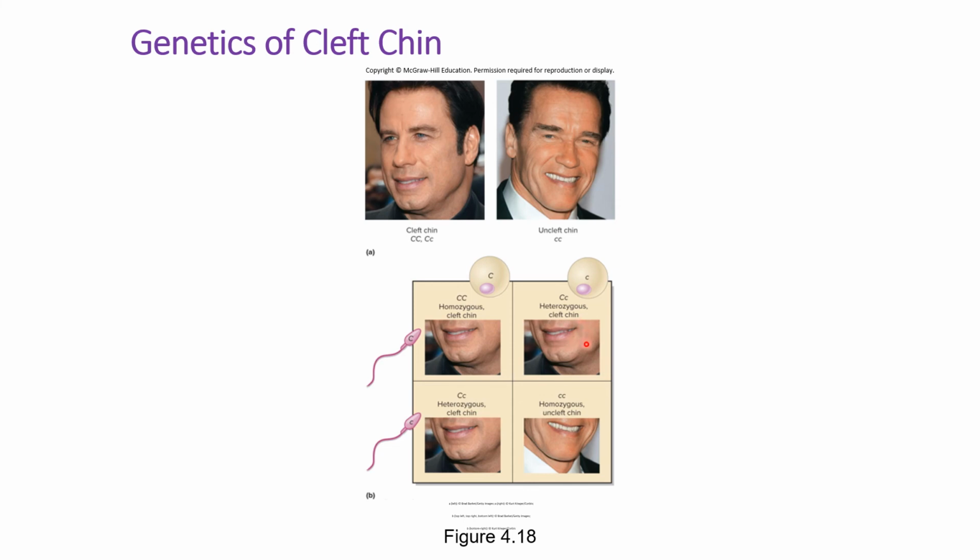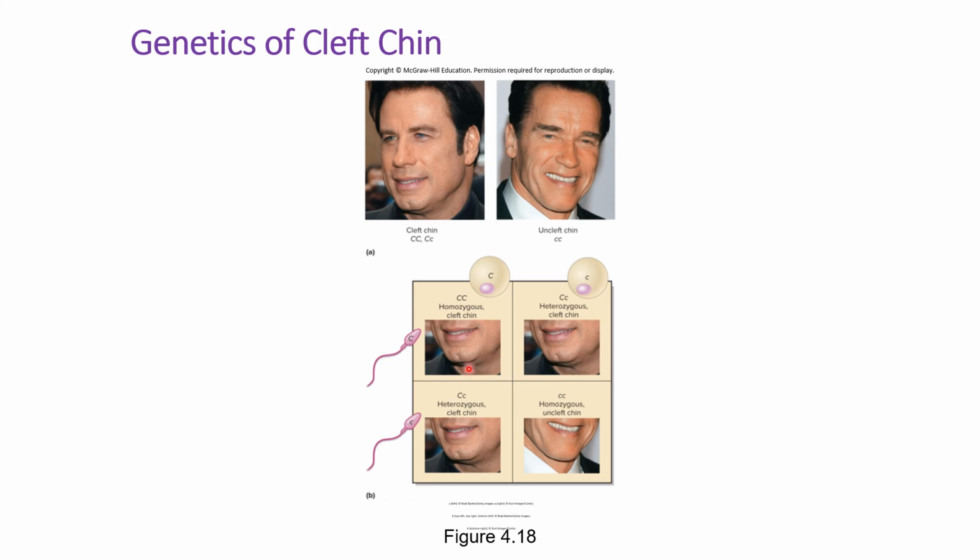Heterozygous, okay? Same thing. Now notice that anytime you have a capital letter, so anytime you have a dominant allele, then that is what will be expressed. So what this is showing you is that the cleft chin is actually a dominant trait.